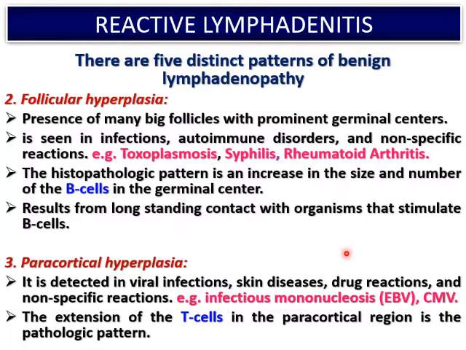We call this disease infectious mononucleosis. So infectious mononucleosis is a non-neoplastic disease that can be caused by Epstein-Barr virus. So viral infection is usually characterized by paracortical hyperplasia.